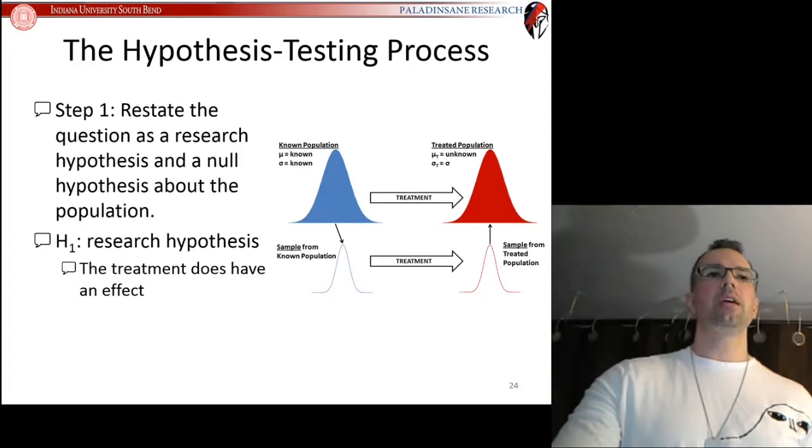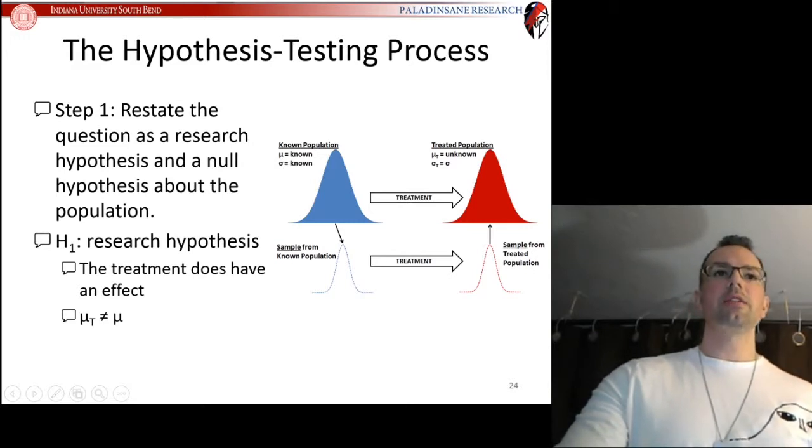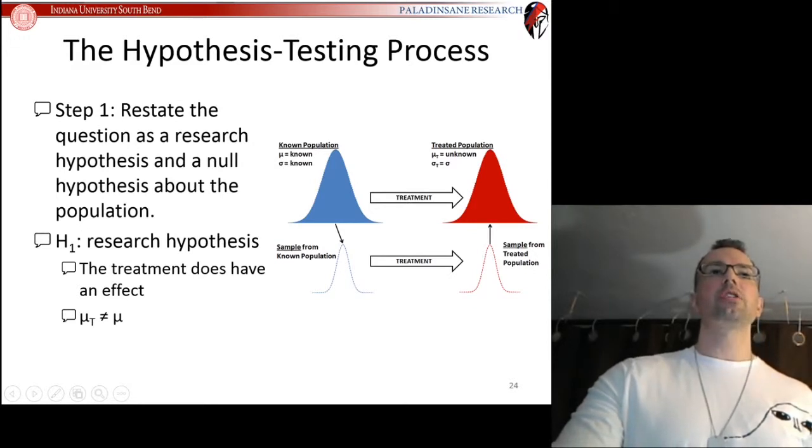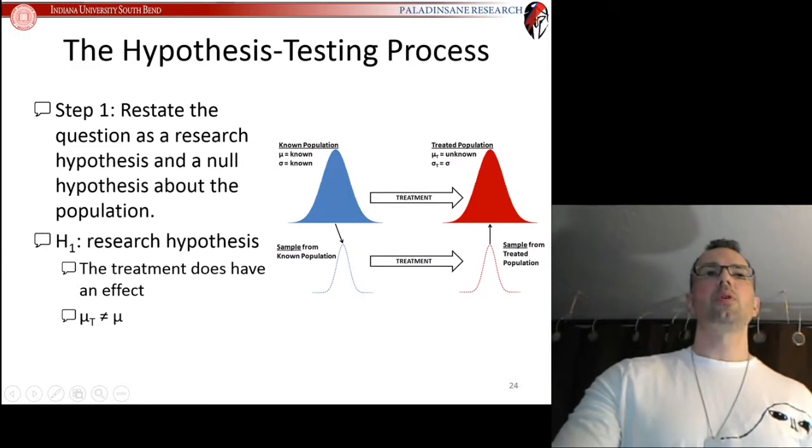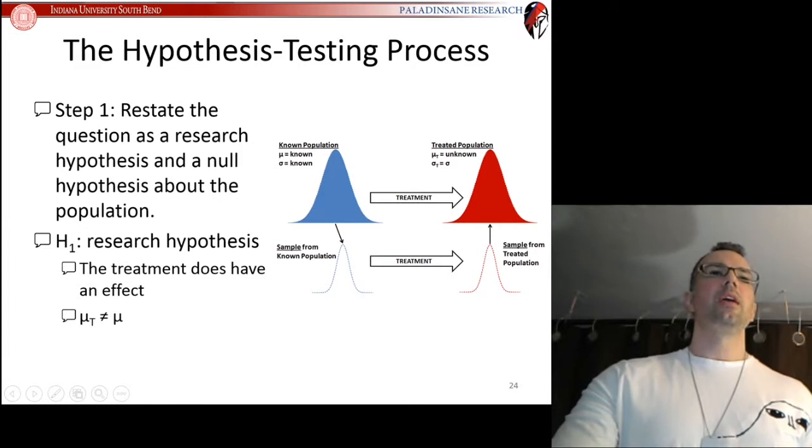And the way this is expressed is by saying that the mean of the treated population does not equal the mean of the untreated population. So this is what it means to say that a treatment works. This is what it means to say the average level of depression for the treated population does not equal the average level of depression for the untreated population.